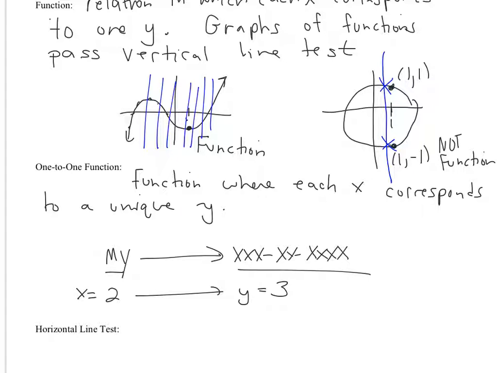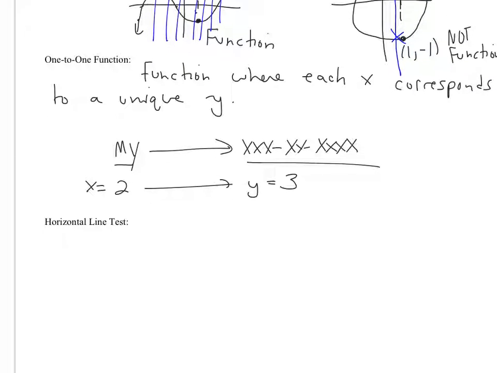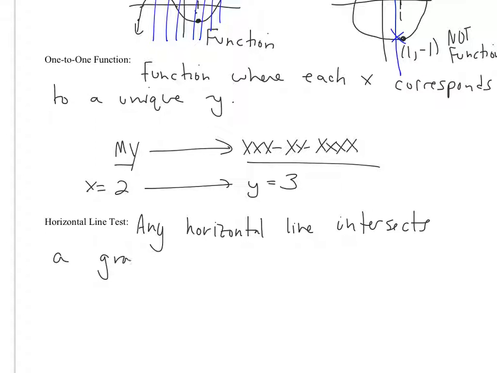So as I almost said earlier, there is a special test for this, which is a horizontal line test. So the horizontal line test says if any horizontal line intersects a graph at most once, then it is one-to-one.